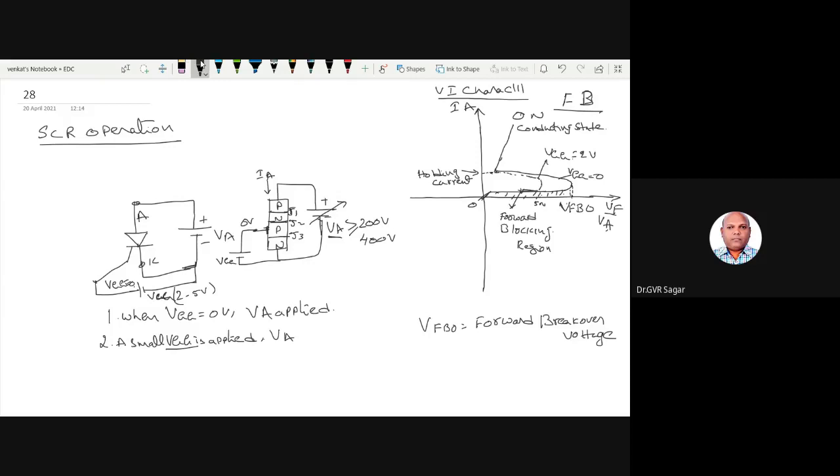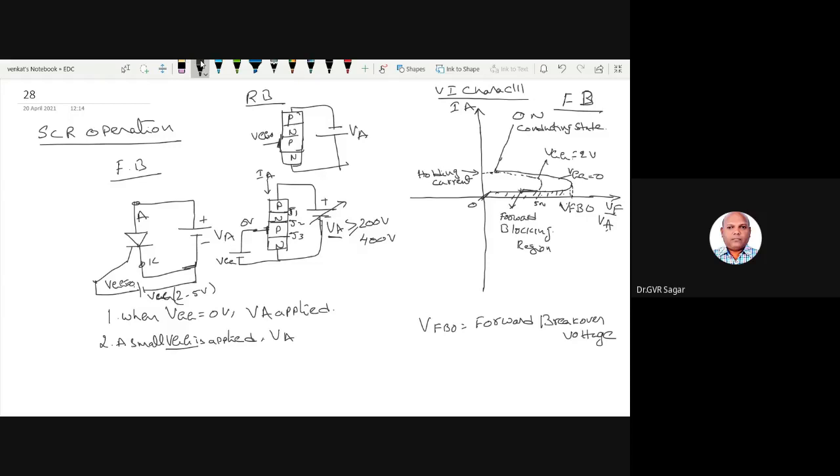In the reverse bias, the anode is connected to the negative. The anode is reverse. This is forward bias, and this is reverse bias, with the same PNPN structure. VA is the anode voltage and the gate voltage is VG.